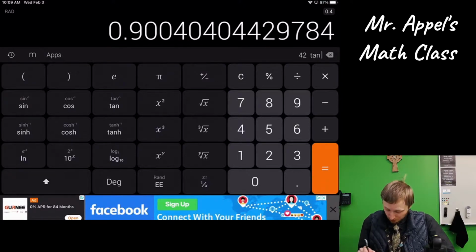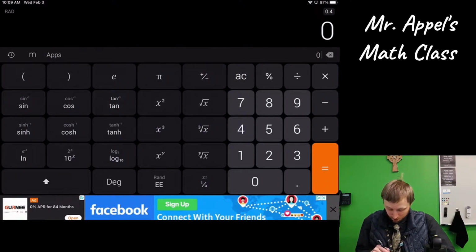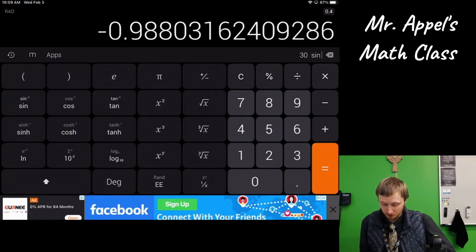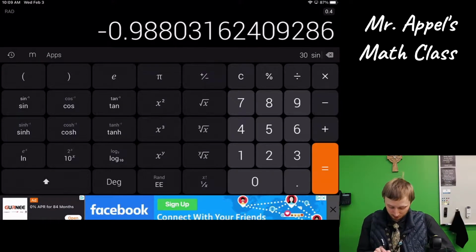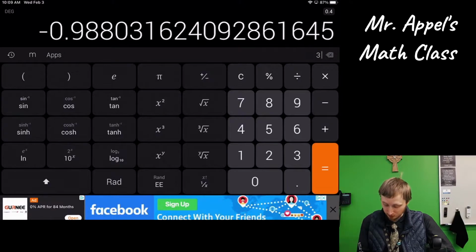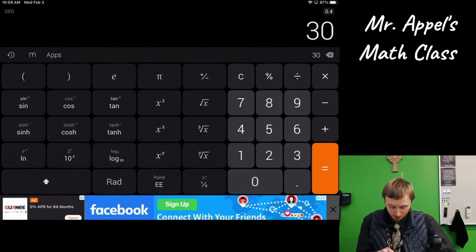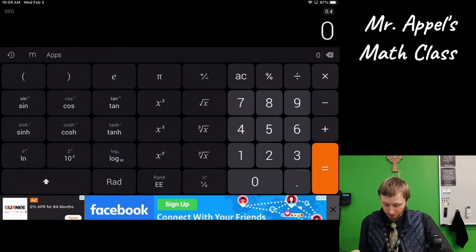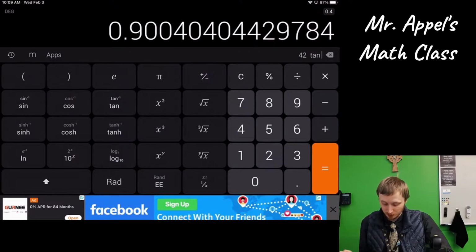So we can always check. Sine of 30 degrees should be a half. I did not get a half. So let's go to degree mode. 30 degrees, sine, half. I'm in degree mode. Confirmed. So the tangent of 42 is 0.9004.